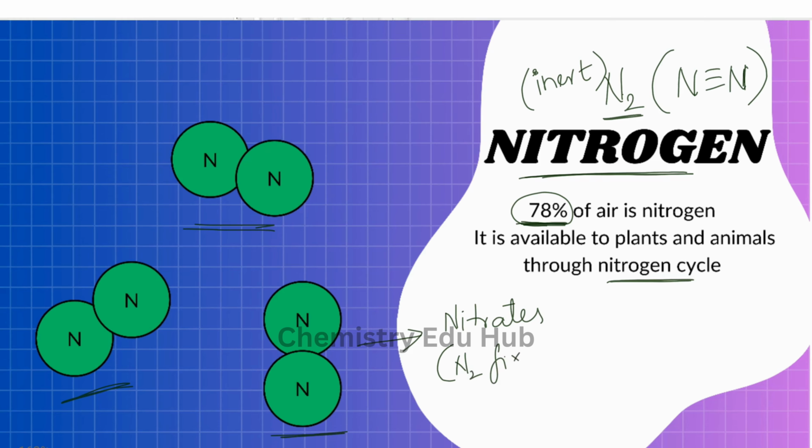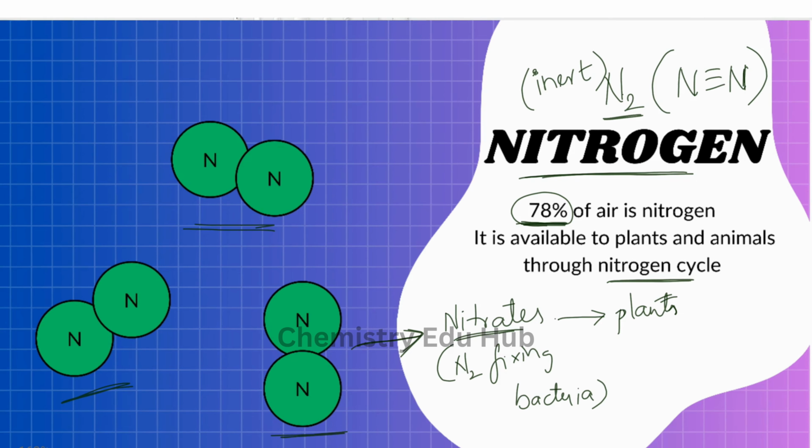What does this bacteria do? It helps in converting the nitrogen from N2 into nitrates. This form of nitrates can be taken by plants and animals for food preparation, or it can be useful as a nutrient in the soil.